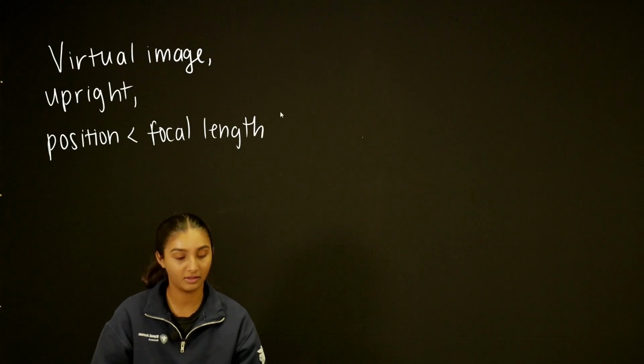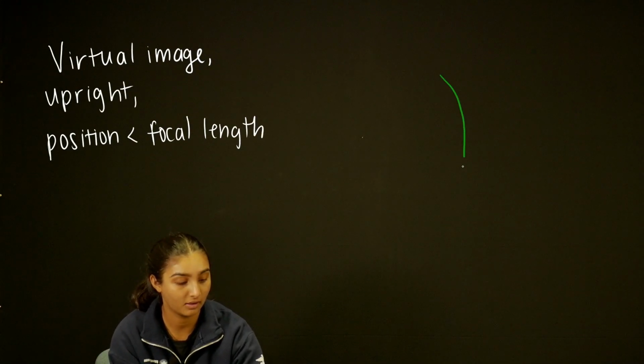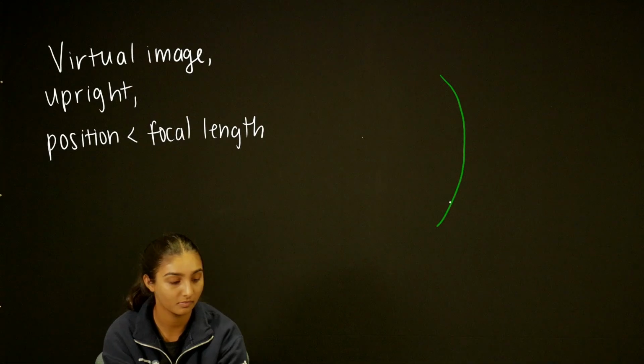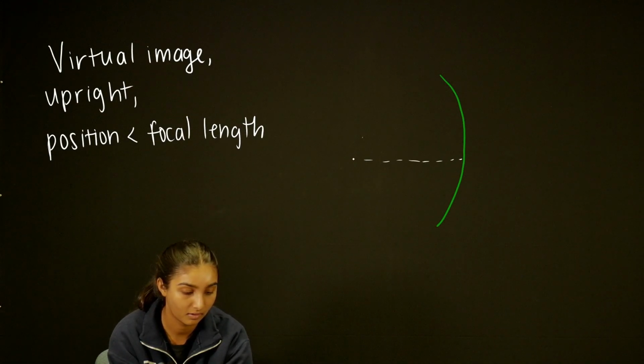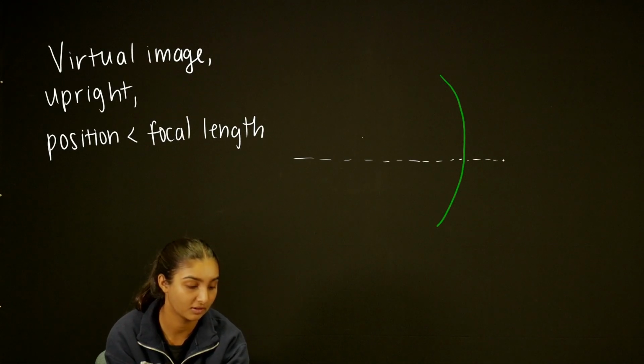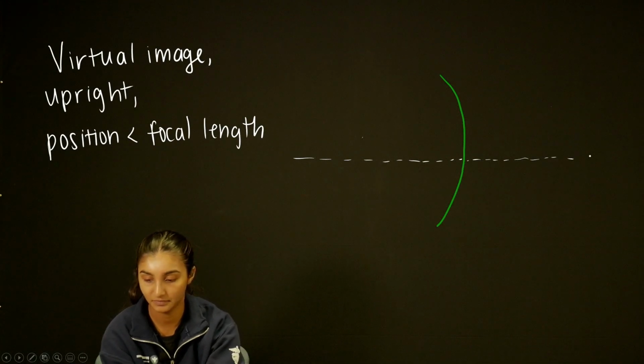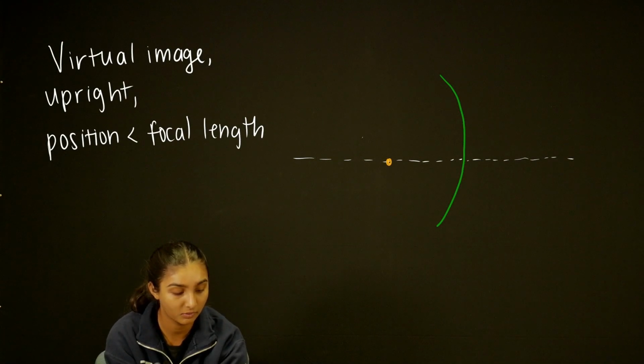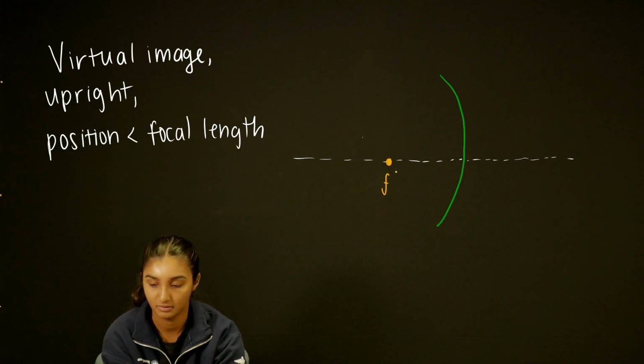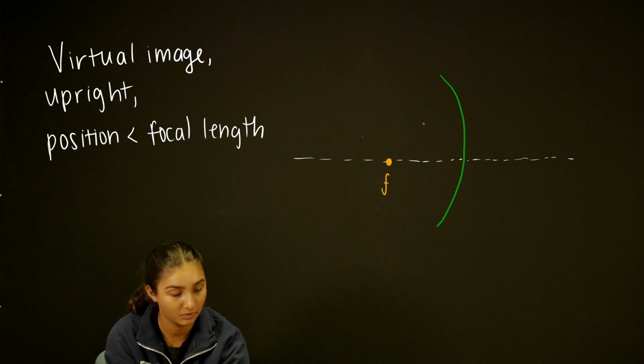So what's that going to look like if we have our concave mirror? And I'm just going to extend it to the other side. We have our focal length, which is our orange dot, and our person.